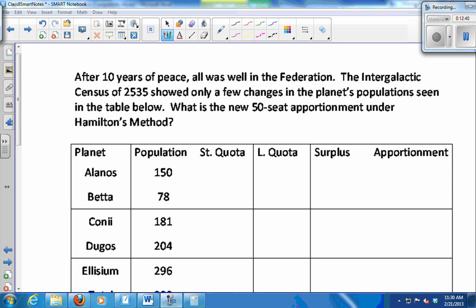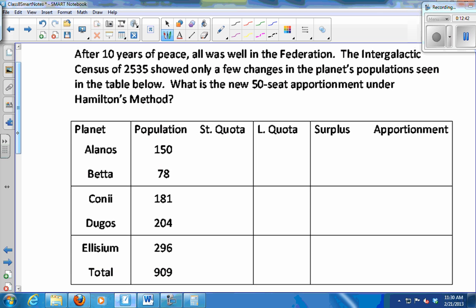Okay, let's see what happens in the reapportionment after the 2535 census. So our new total population is 909. So when I do my standard divisor, I'm going to have 909 divided by 50. 909 people divided by 50 seats comes out to 18.18 people per seat. So every 18.18 people in your state, you get a seat in Congress.